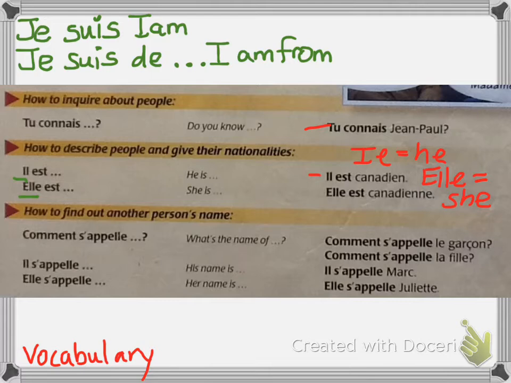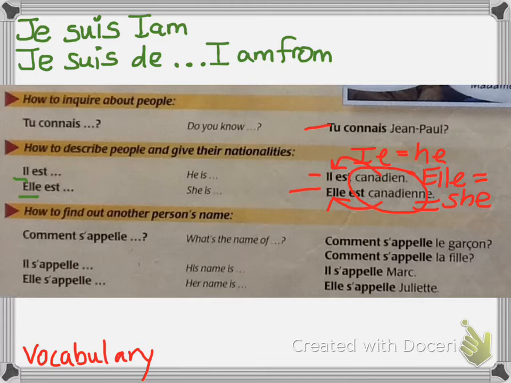Elle est canadienne. And again, notice, right, Canadian is an adjective. Notice that these adjectives are agreeing with the subject. So, il is male, so Canadian is the masculine form. Elle is feminine, so Canadian is that feminine form that has the extra N-E on it.